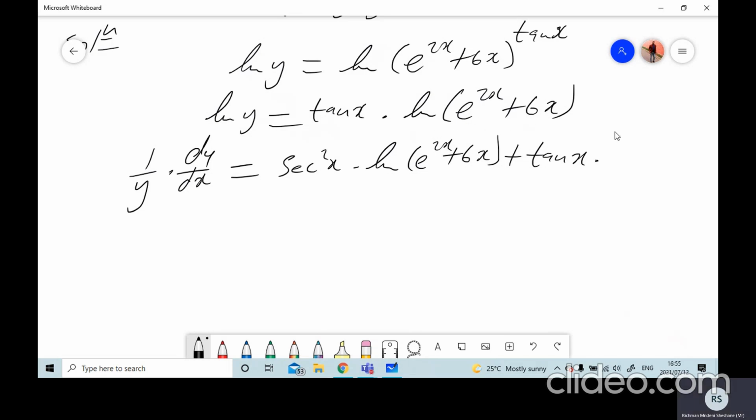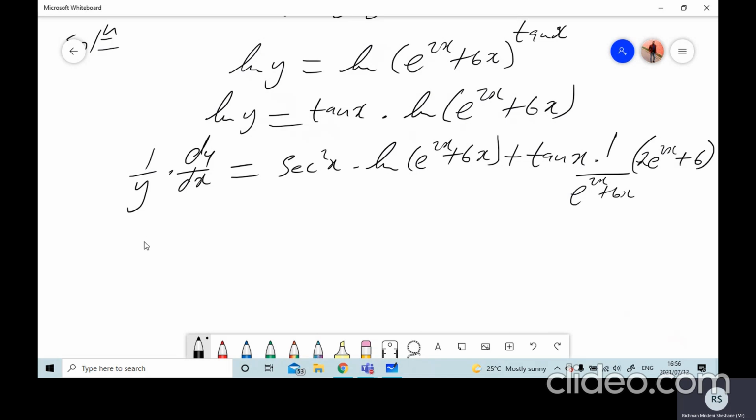Derivative of ln of a function is 1 over the function e to the 2x plus 6x times the derivative of the inner function, which is 2e to the 2x plus 6. Derivative of e to the function is the derivative of the inner function, which is 2, times e to the function. And plus the derivative of 6x is 6.